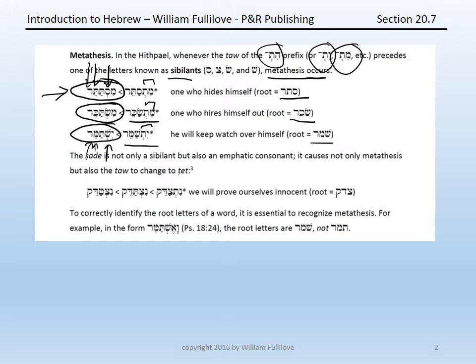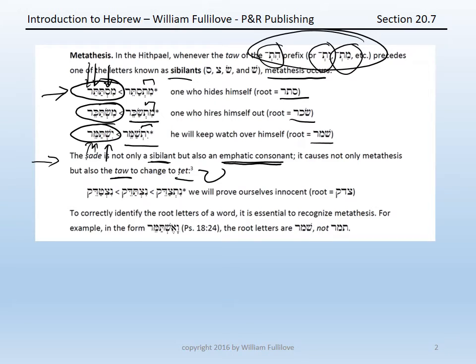To add one more challenge, the tzade is not only a sibilant, but also what we call an emphatic consonant. If you say tzade, you have to purse your lips and punch the sound out. Because you have the sibilant, the tzade has metathesis. Because it is also an emphatic consonant, it will cause the tav of the hit pa'el prefix to also change to a tet.